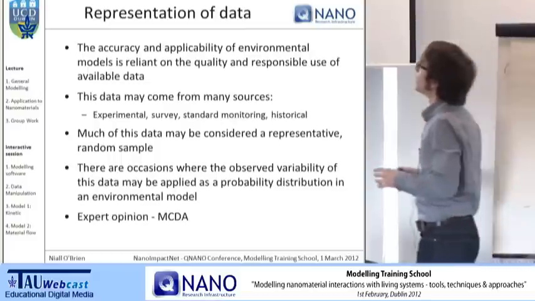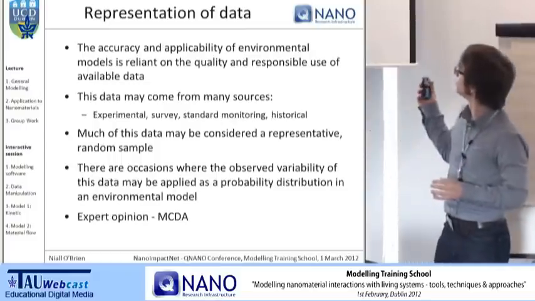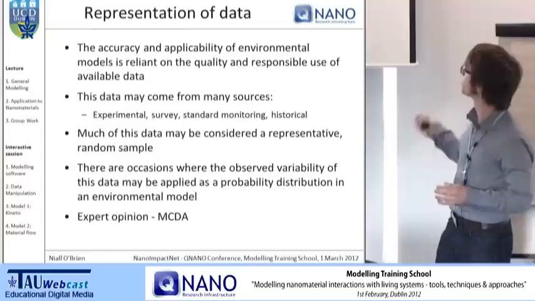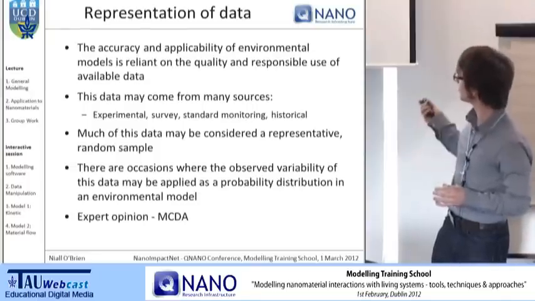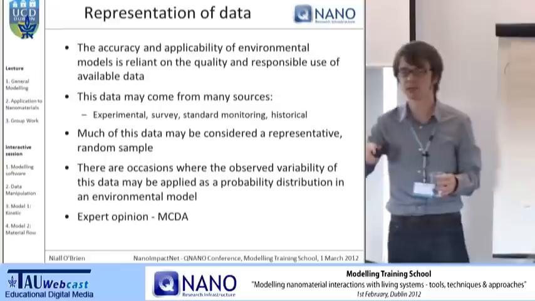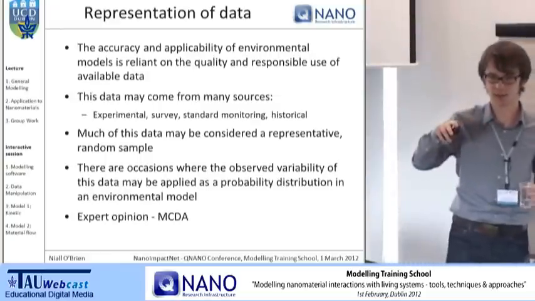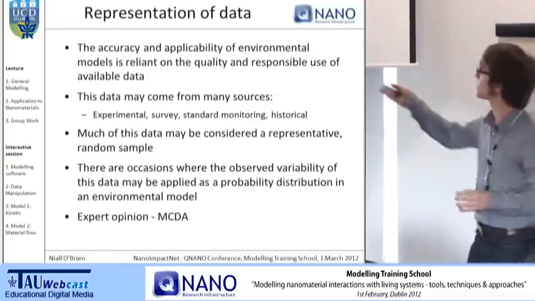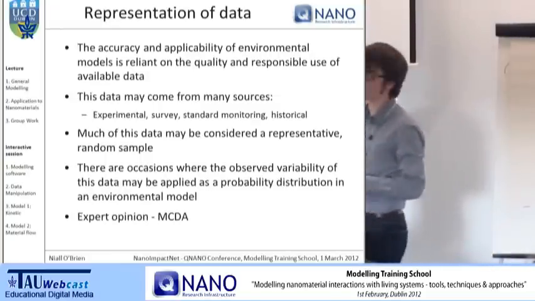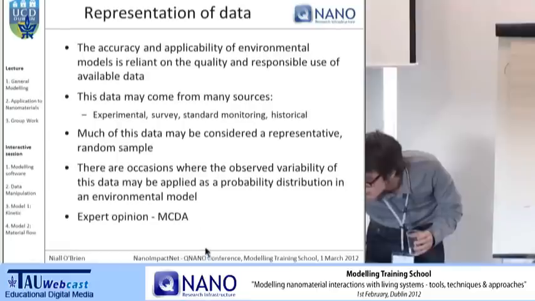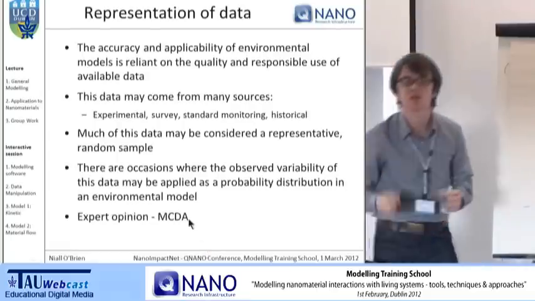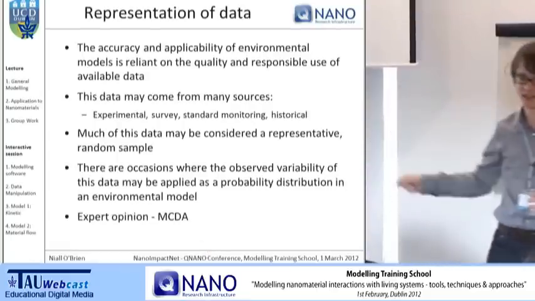There are occasions when the observed variability of this data may be applied as a probability distribution in an environmental model. As I said, the observed, natural variability within an element of our model. And we can also include expert opinion. And so we can use multi-criteria decision analysis.